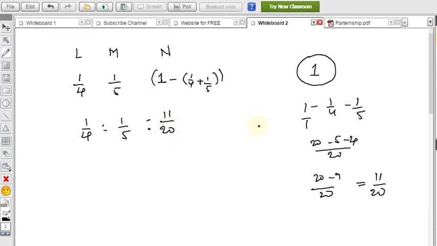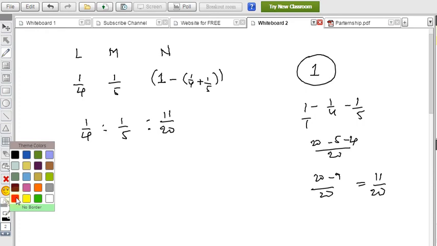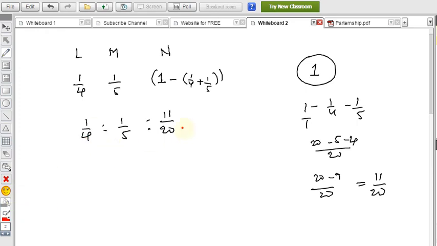Then we can convert the fraction ratios into whole numbers. That means you can multiply by 20, because for 4 and 5 you should take the LCM of all the denominators. I will explain this in another video. 4 into 5 is 20.